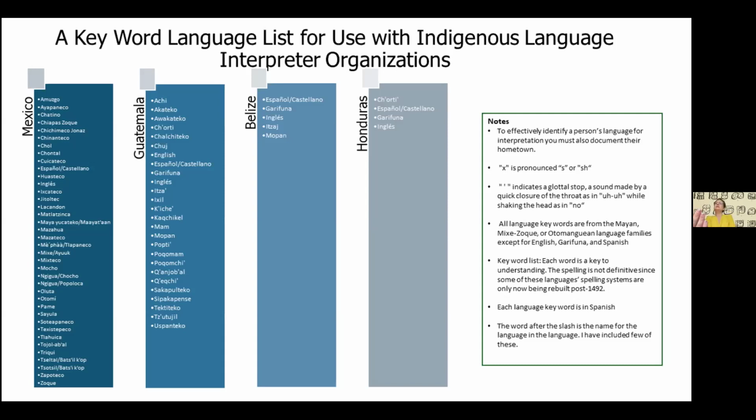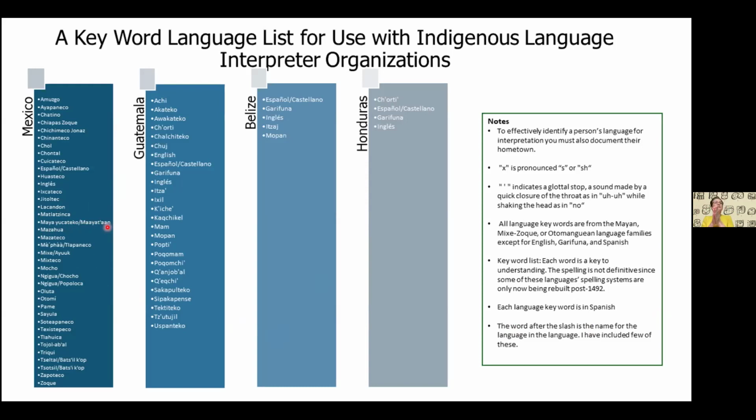If you look at the Mexico column and go down to Maya Yucateco, it's in alphabetical order, and then you see /Mayatan. So Mayatan would be the name of the language used when you're speaking Mayatan or Maya Yucateco.